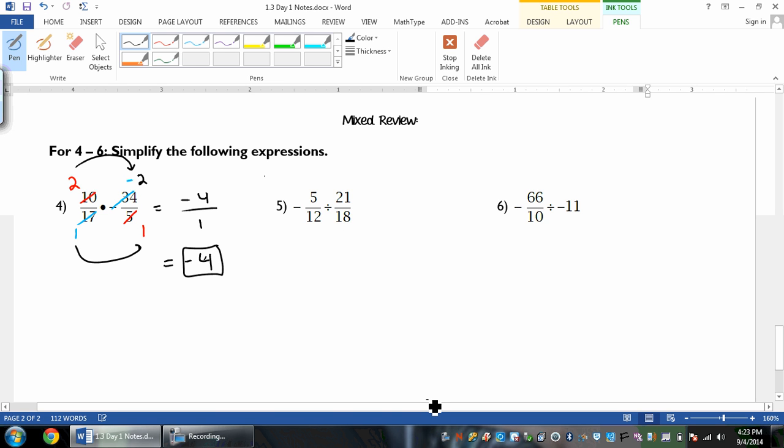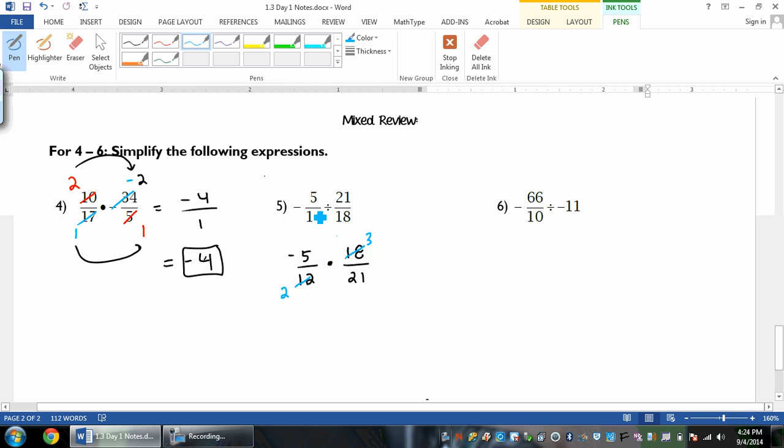Now, the one over here, we are dividing. So remember, dividing is the same thing as multiplying by the reciprocal. So I leave my first fraction, change the division sign to multiplication, and then I take the reciprocal of the second fraction. Now I'm just going to simplify like normal. 12 and 18 are both divisible by 6, so the 12 becomes a 2, the 18 becomes a 3.